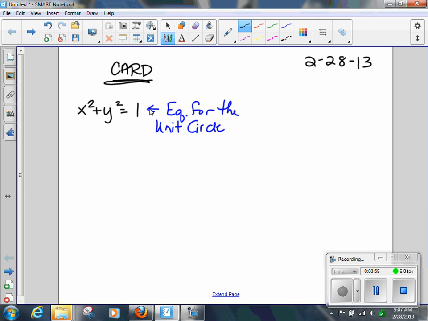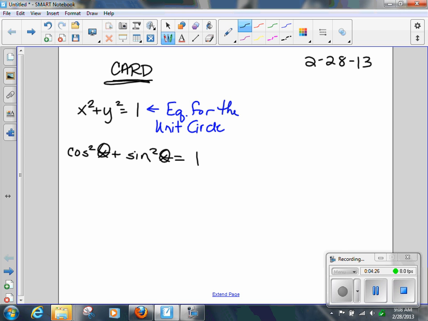Can I change x squared plus y squared to cosine squared x plus sine squared x equals 1? If you don't want to put an x there, put a theta there. What did I do? What allows me to change that equation to cosine squared plus sine squared equals 1?